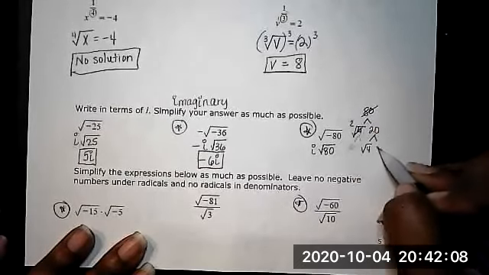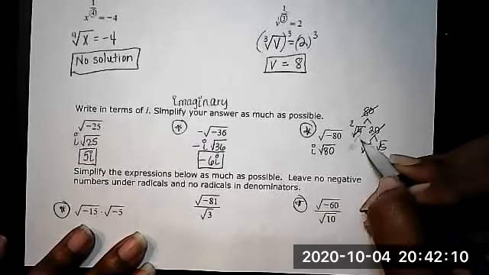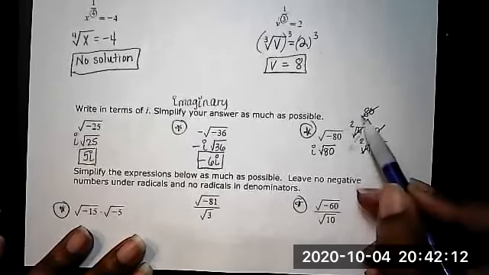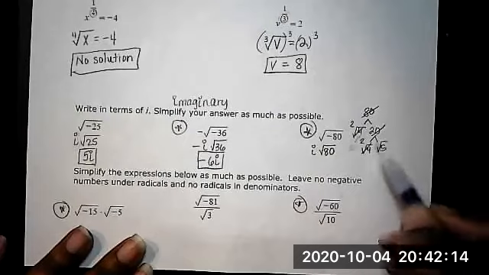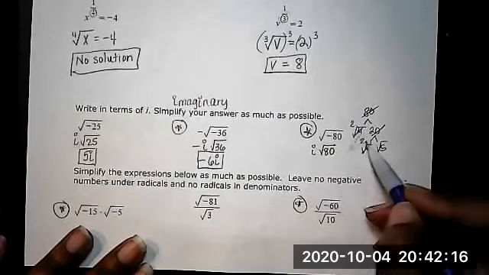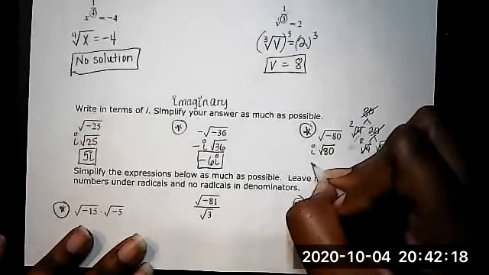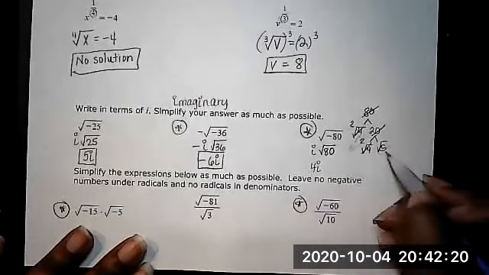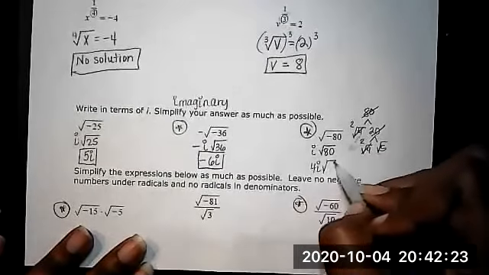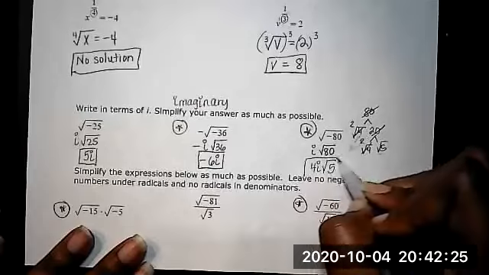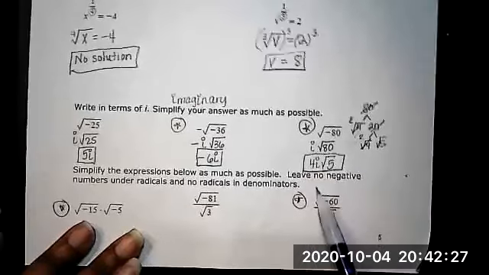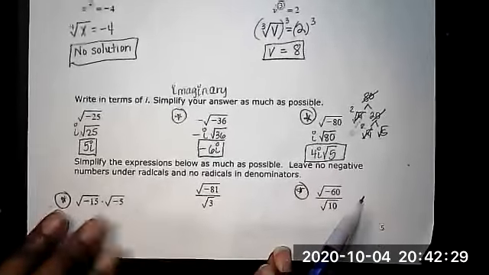Square root of 4 and 5, square root of 5. So 2 2's came outside. The square root of 5 had to stay inside. 2 times 2 is 4, so this becomes 4i on the outside. And then that square root of 5 has to stay inside. So that is how that would look with the imaginary number.